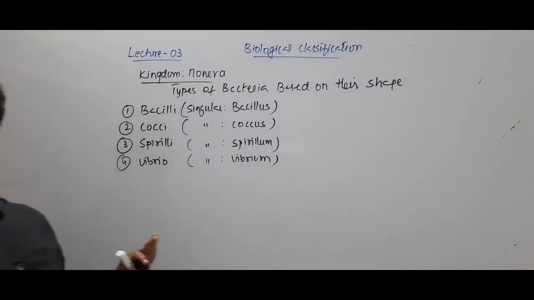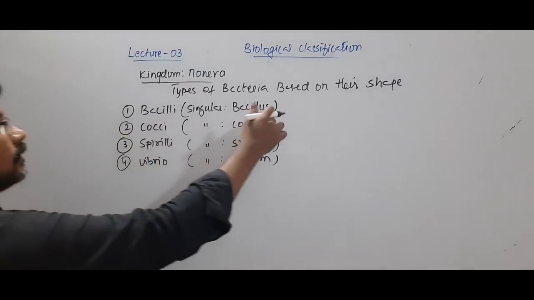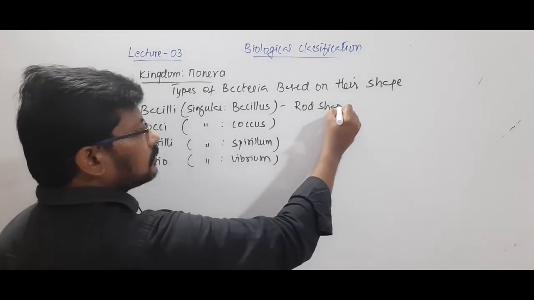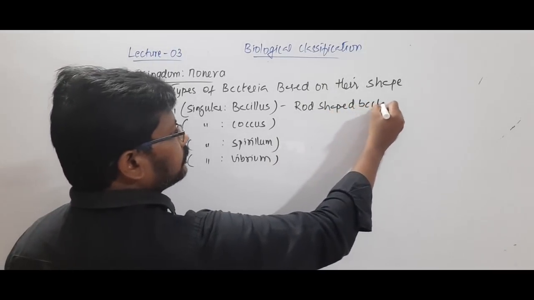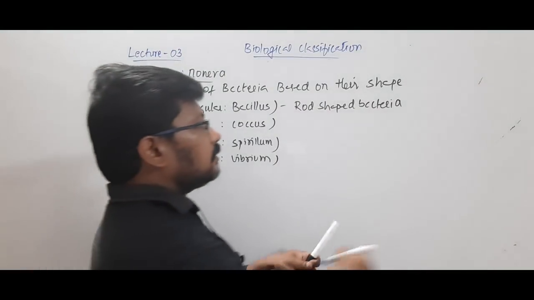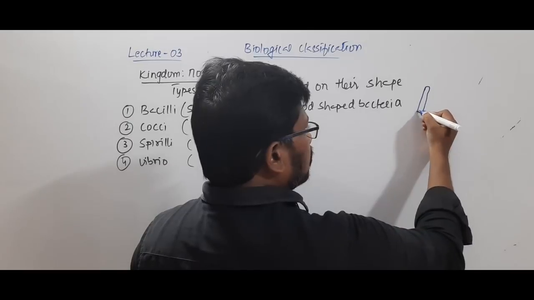Now, what is the shape of these bacteria? So let's see. The bacilli are rod-shaped bacteria, and they are seen in this way.